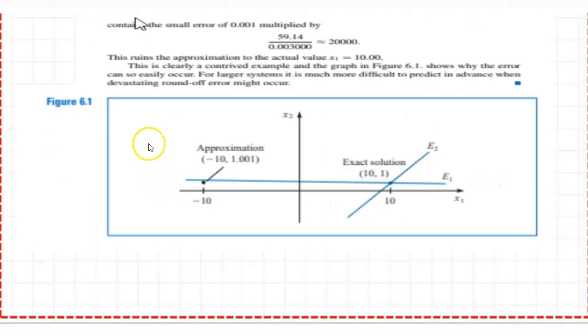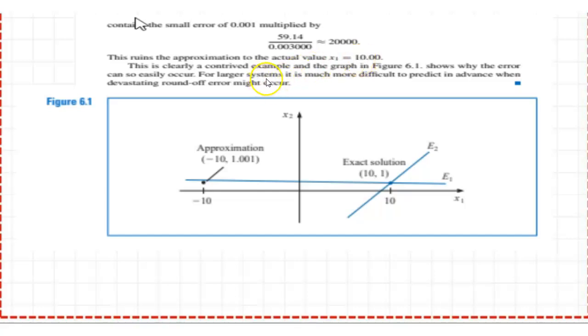In the next slide, we can see that the small error of 0.001 multiplied by 59.14 divided by 0.003 equals 20,000. This is a small value that exists in the first equation, and when we divide this, it is approximated to 20,000. This moves the approximation away from the actual x1 equal to 10.